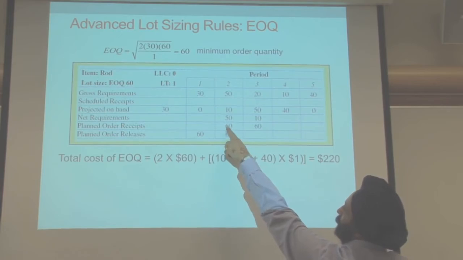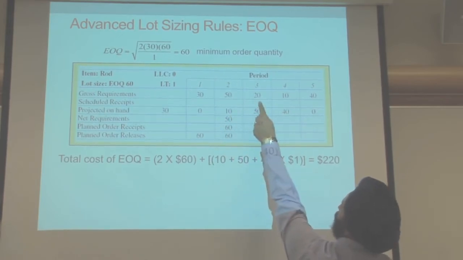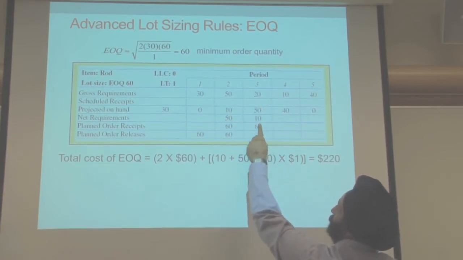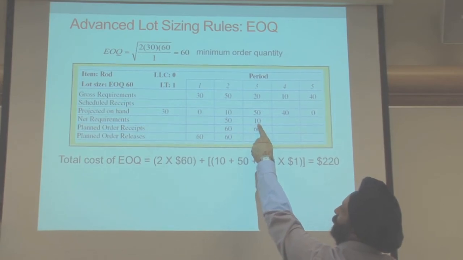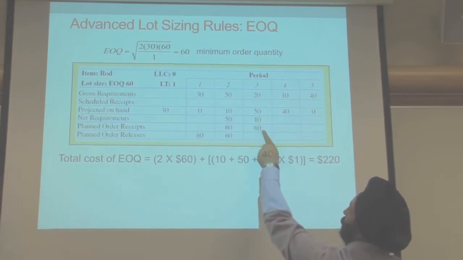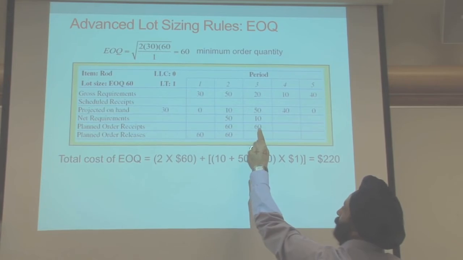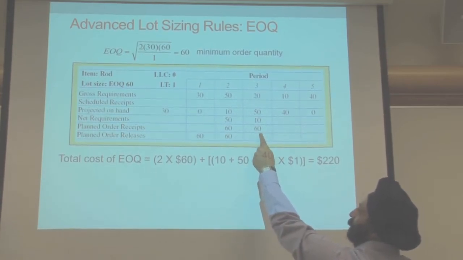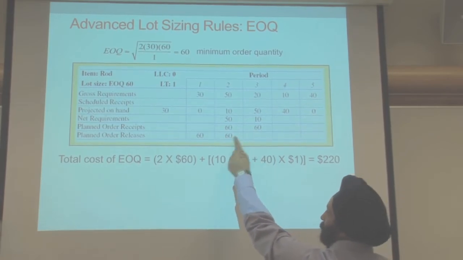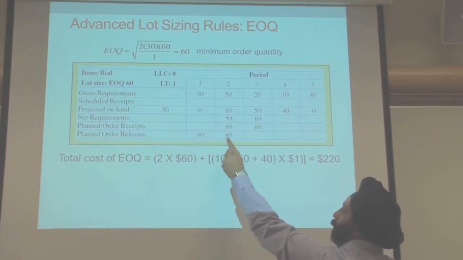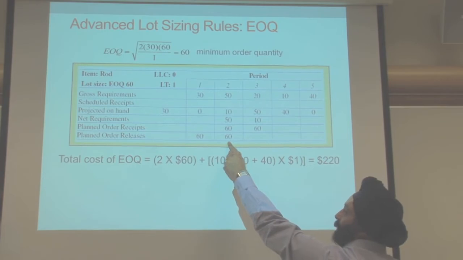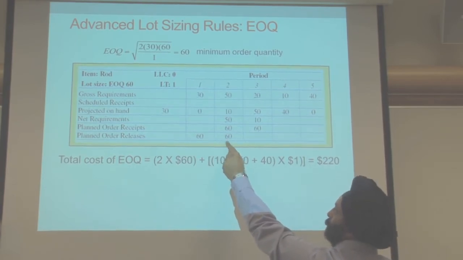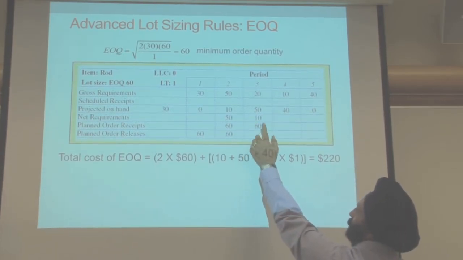Then moving on over here, this 10 minus 20 will give you minus 10, which means a net requirement of 10. But even with a net requirement of 10, you will plan on receiving an order of 60 units because of EOQ, which means release the order of 60 units a week before, in period 2, so that you can receive it in period 3.